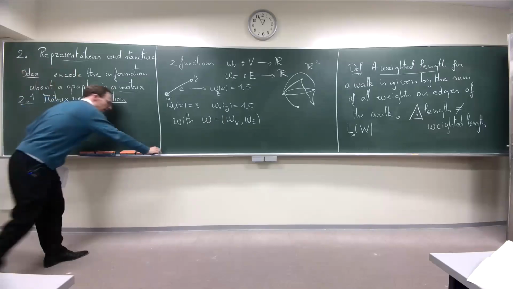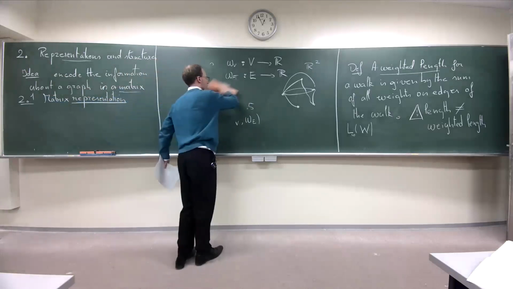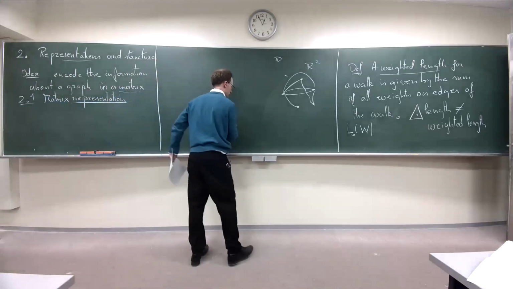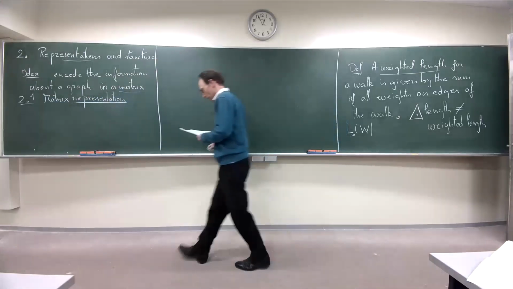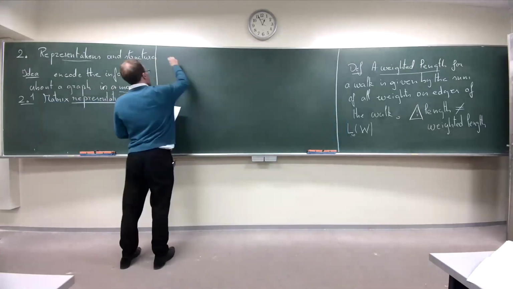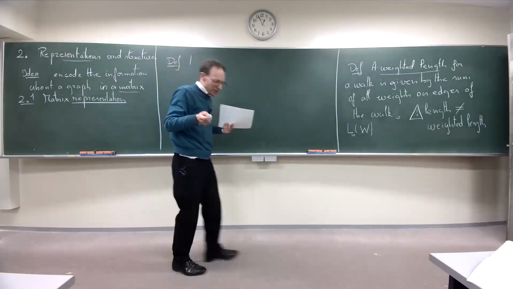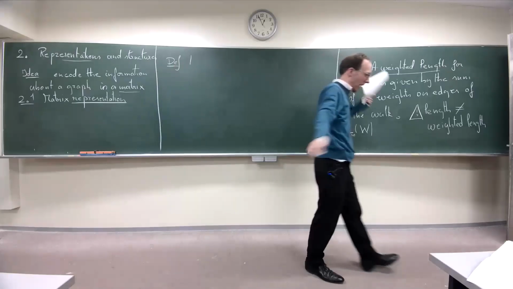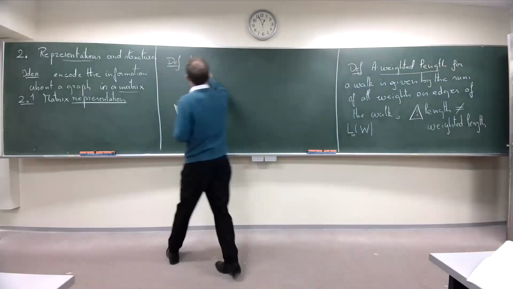So let me give you a definition for one way to encode information about one graph in a matrix. The graph has to be finite, otherwise you have infinite matrices. So I assume that the graph is finite.